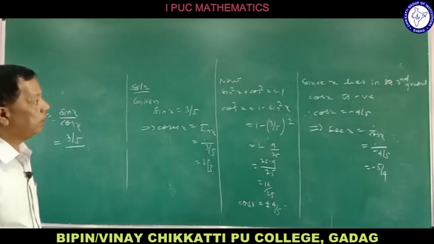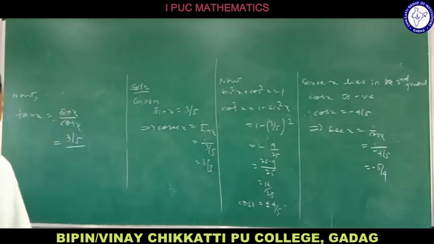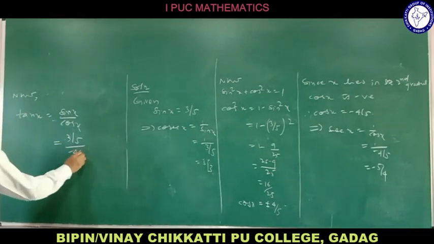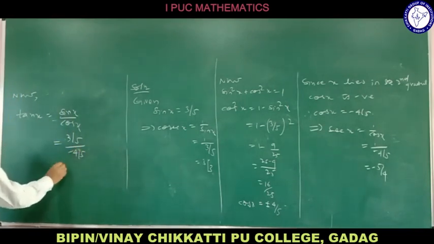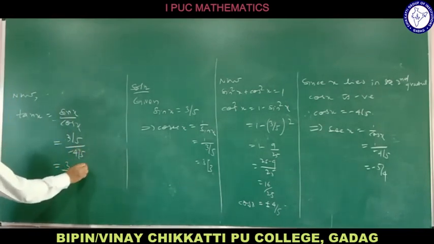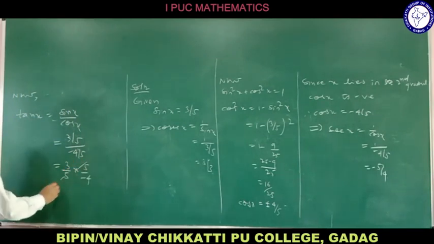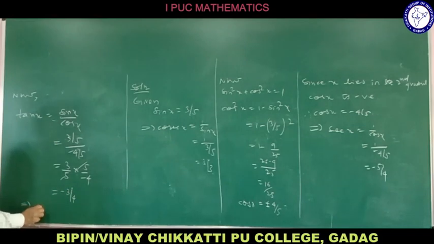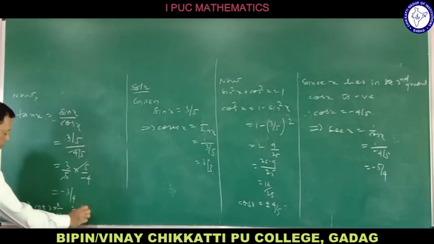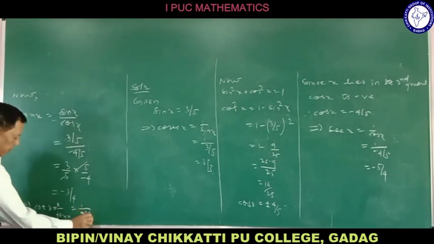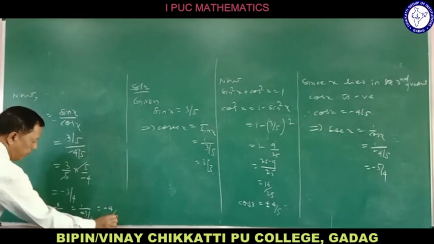Cos x is minus 4 by 5. So the answer is 3 by 5 into 5 by minus 4. So minus 3 by 4. This implies cot x is equal to 1 upon tan x, and that is equal to 1 upon minus 3 by 4, that equals minus 4 by 3.